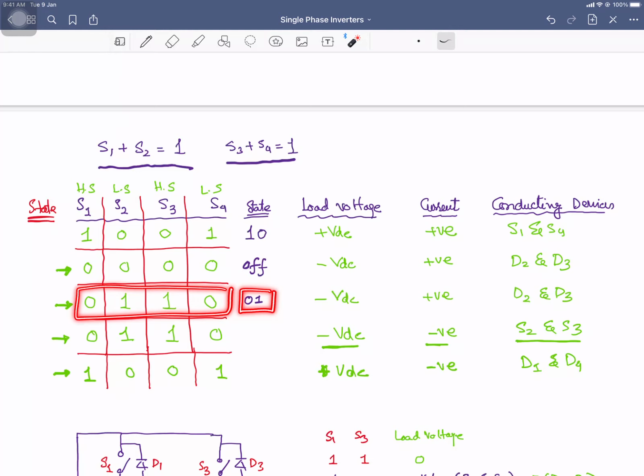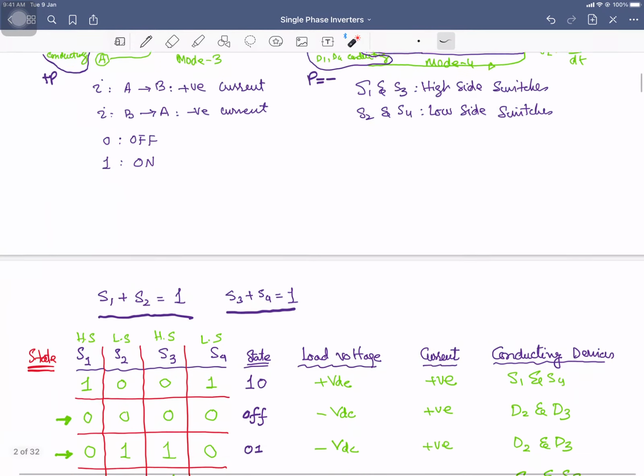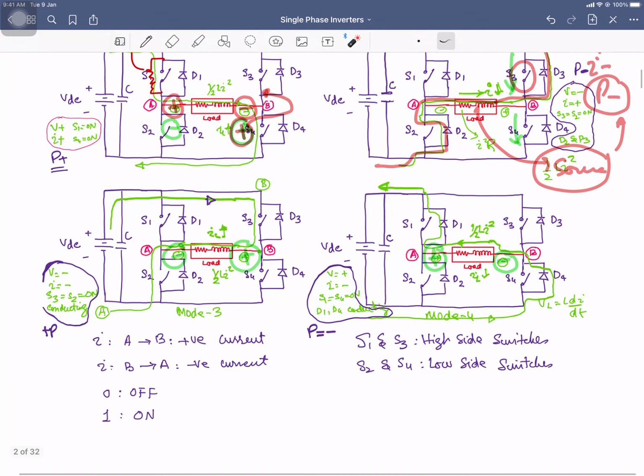If we look at the high side switches, the load voltage is negative, and the current, if I look at that one 0 1, if I go back over here, the direction of the current is like that.